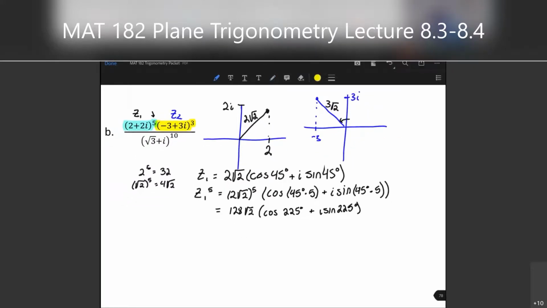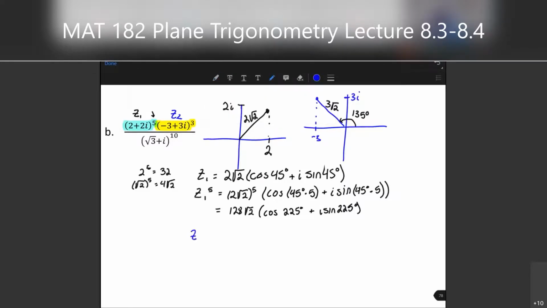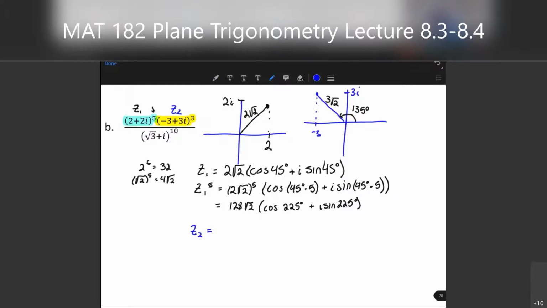So let me write this one in blue down below for Z2. Z2 is going to be equal to 3 roots of 2. And then our argument is 135. So we'll write this as cosine 135 plus i sine 135.